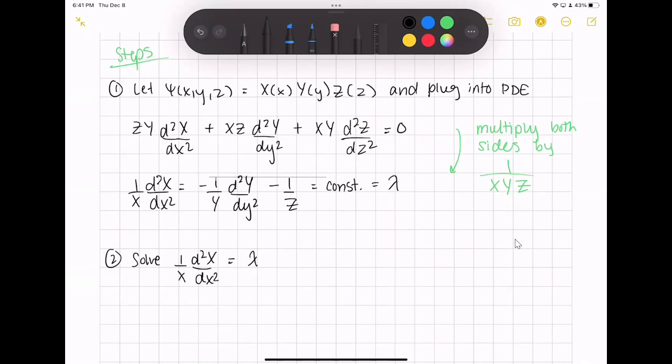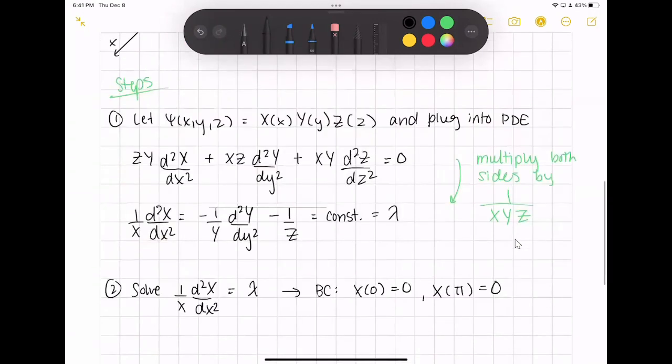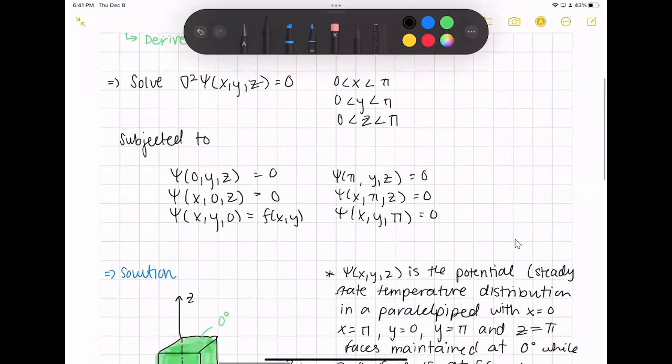And remember, based on our boundary conditions, we can find that x of 0 equals 0 and then x of pi. So that's just manipulating these boundary conditions that we were given, specifically this first row here.